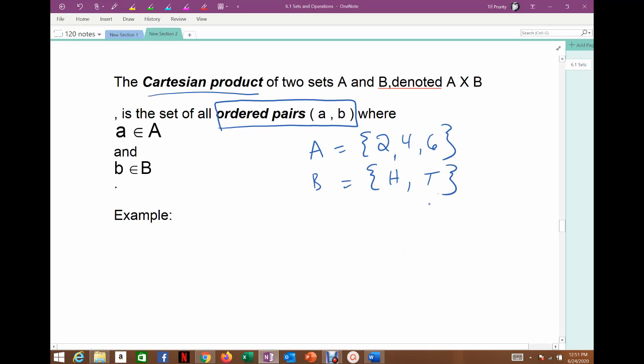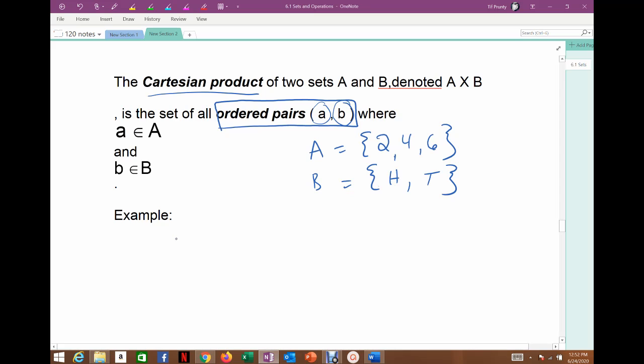When I'm done with the experiment, I've got a number from my die and either heads or tails from my coin, and that's one group. So we pair them together. The first thing in my pair comes from set A, so it would be 2, 4, or 6. The second thing comes from the coin flip, heads or tails. One outcome would be I roll a 2 and flip heads.